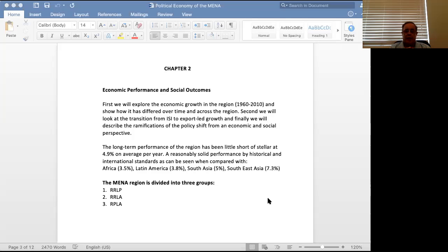Now in that category, we're going to be including countries such as Iraq, Iran, Algeria, Sudan, and sometimes even Syria is included, even though sometimes I don't like to include Syria as part of the resource-rich, labor-abundant, but I guess your author includes Syria in that category as well.